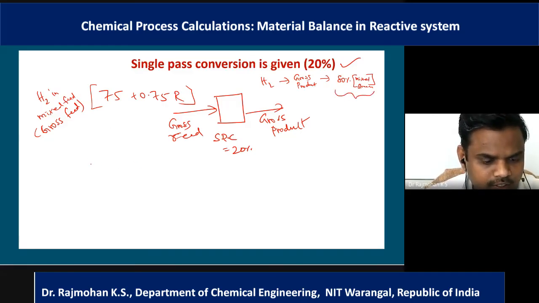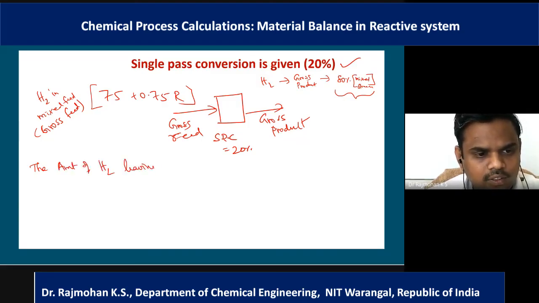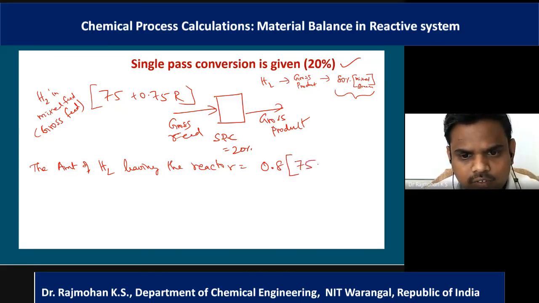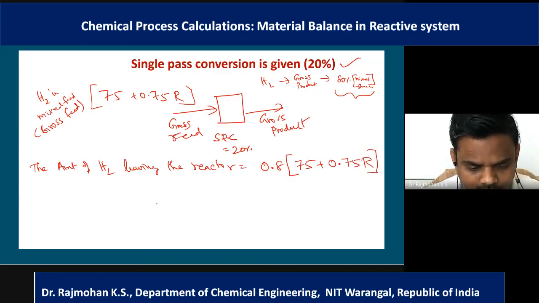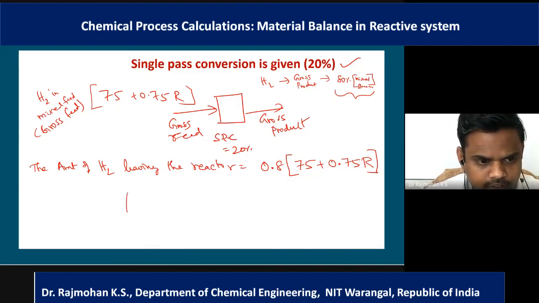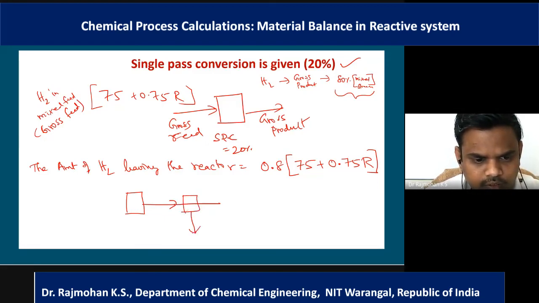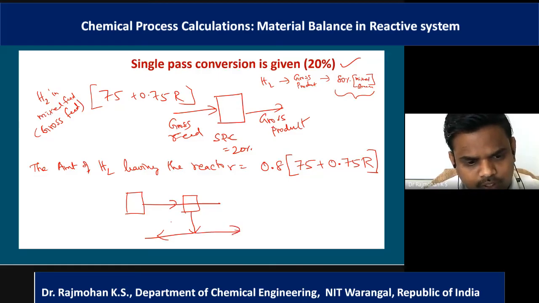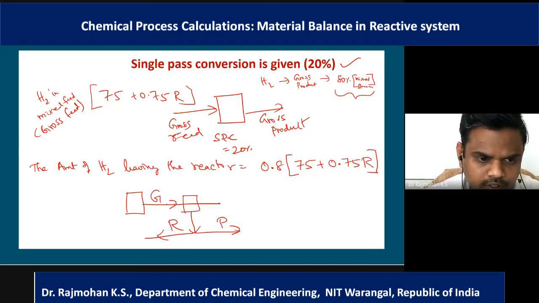So I can say the amount of hydrogen leaving the reactor is equal to 0.8 times the amount entering, that is 75 plus 0.75 R. And this is equal to the amount present in the recycle stream plus purge stream. Understood?